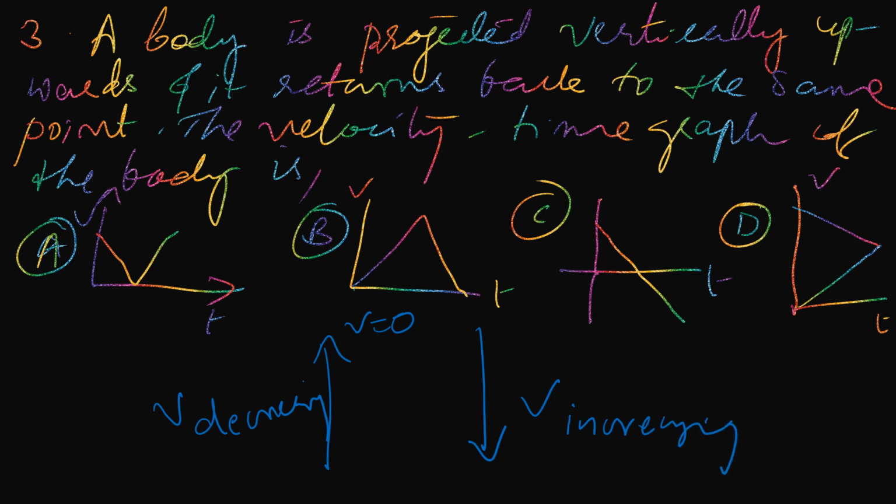So first in the positive direction, that is upwards, velocity goes on decreasing and comes to 0 value. Then in the opposite direction, the velocity goes on increasing in the negative direction, and it is shown in the graph C.